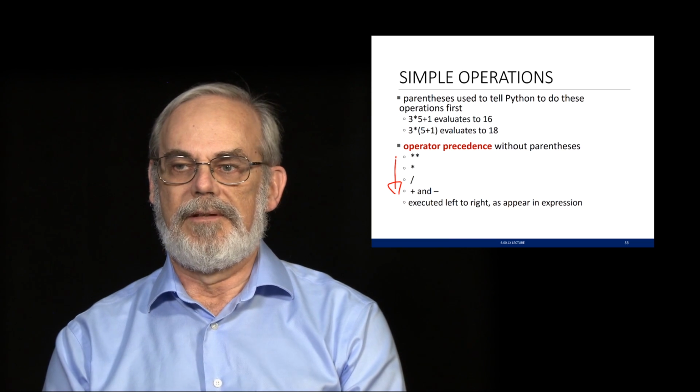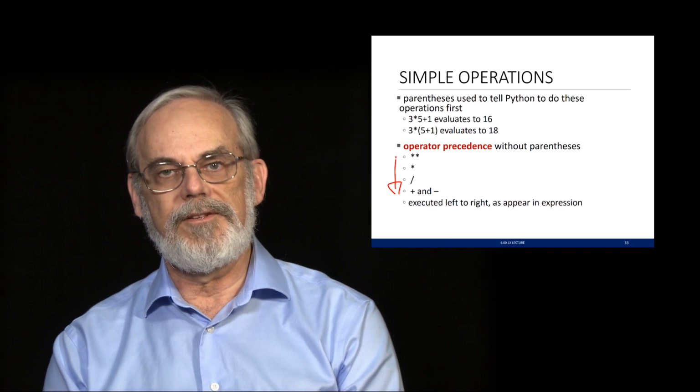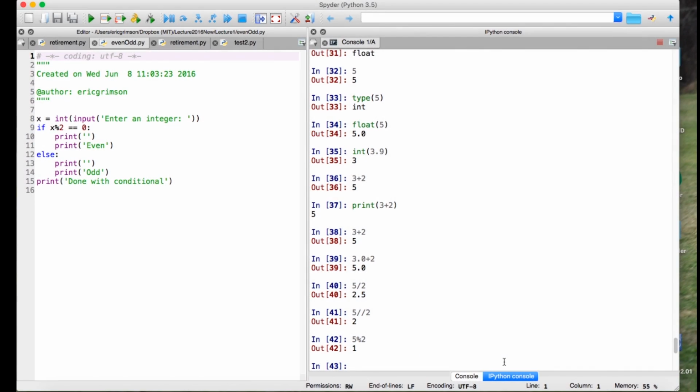And that means that as I change where the parentheses are, I'm changing the order in which I'm doing things. So to do an example, if I take 3 times 5 plus 1, that's going to give me 16. And that's because the multiplication is done first. 3 times 5 gives me 15. And then the addition is done to give me 16. On the other hand, if I say 3 times, and then in parentheses, 5 plus 1, the parentheses say reduce this expression first.